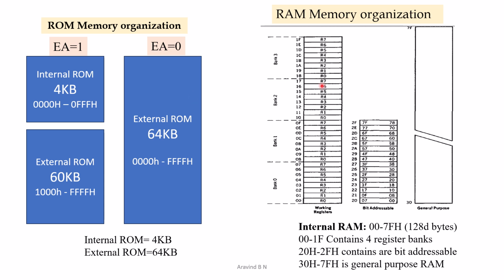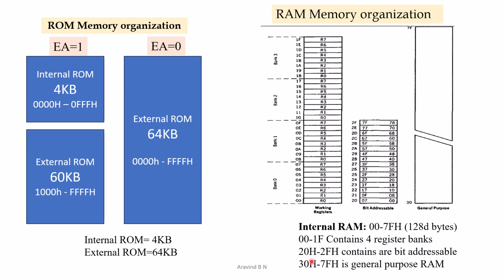Similarly, we also have to address the RAM memory locations. Here are the details. It starts from 00 to 7FH, a total of 128 bytes. This 128 bytes is divided into three parts. The first part is from 00 to 1FH, which consists of 4 register banks.